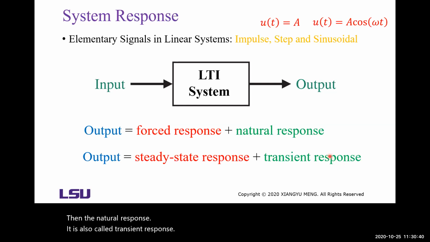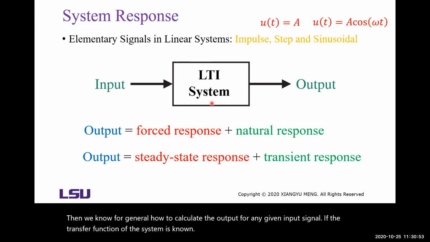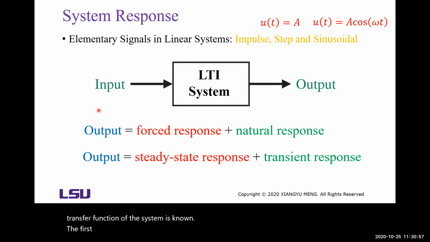Then we know in general how to calculate the output for any given input signal if the transfer function of the system is known. The first step is to apply the Laplace transform to the input signal.